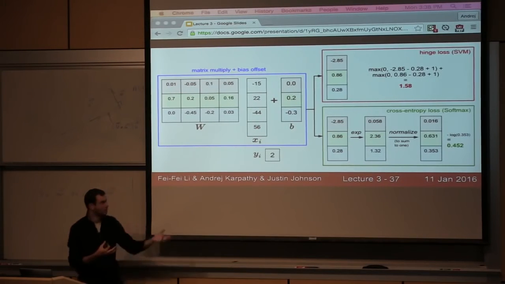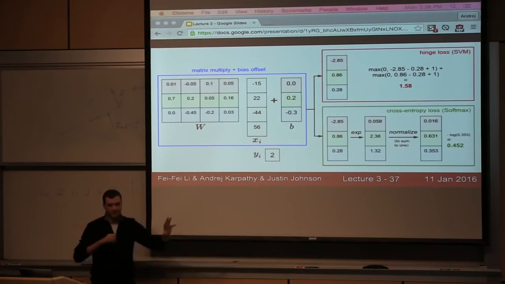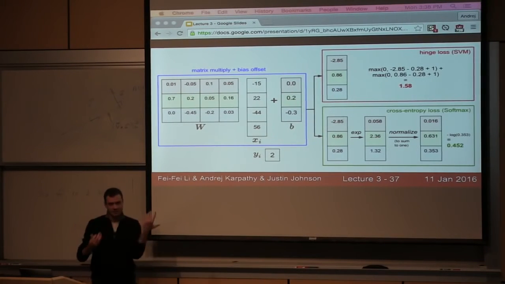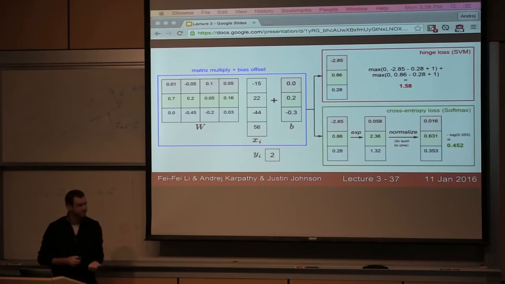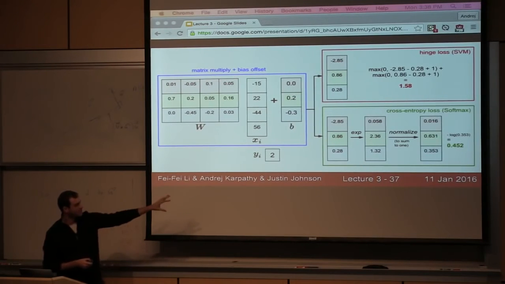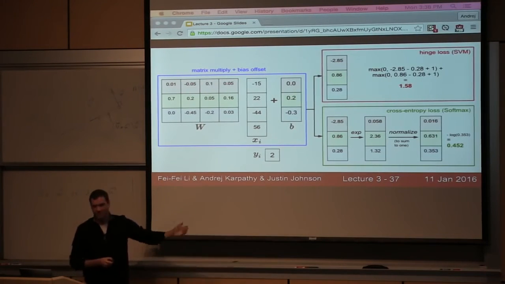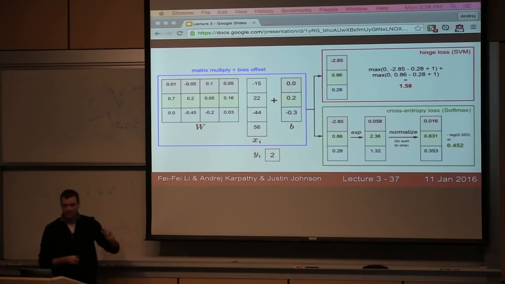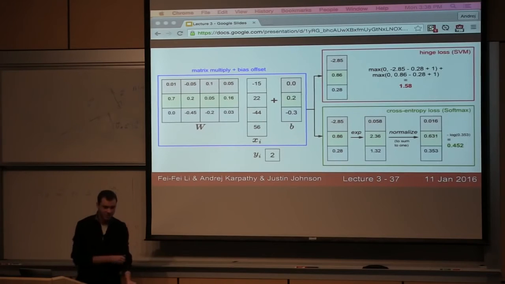In that framework, we first get the probabilities, and then we want to maximize the probability of the correct classes, or the log of them. That gives us the loss function for softmax. So they start off the same way, but they happen to get slightly different results. We'll go into exactly what the differences are in a bit. Are there questions for now?